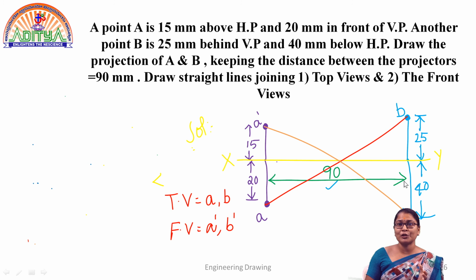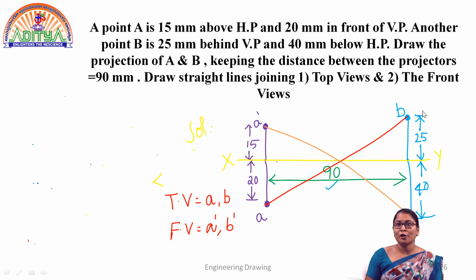Now we are going to draw the projections of point B. As we already said, point B is located in the third quadrant, which means third angle projection. In third angle projection, the front view B dash is below the reference line, and the top view B is above the reference line.